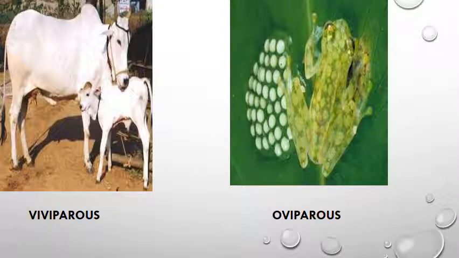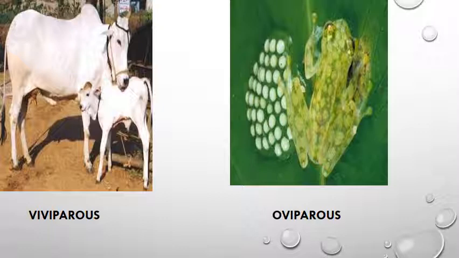Next, we have two types of animals, that is viviparous and oviparous. Viviparous animals are the animals that give birth to young ones. In the picture, the cow gives birth to young ones.